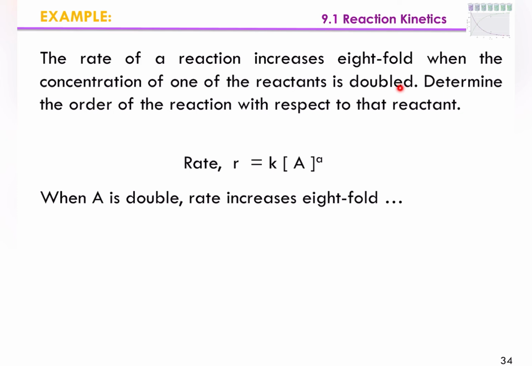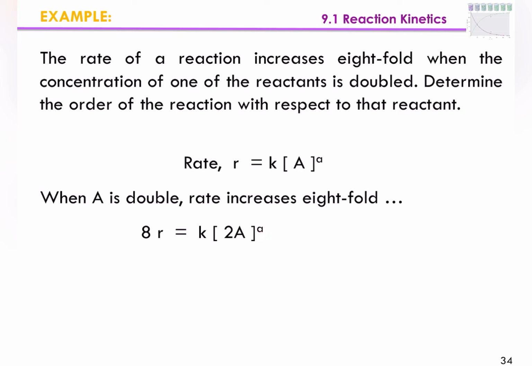So what's next? You can say that 8 times the rate equals k times the doubled concentration of A to the power of a. The a here is the unknown that we want to find out.